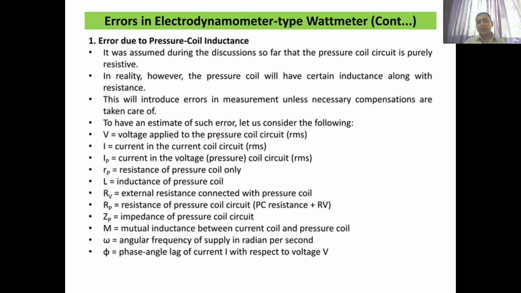The first error is the error due to the pressure coil inductance. Normally we assume the pressure coil has an overall resistance Rp, including the external resistance. Ideally we assume that the voltage V applied across the pressure coil and the current Ip through the pressure coil are in the same phase, as in a pure resistive system.